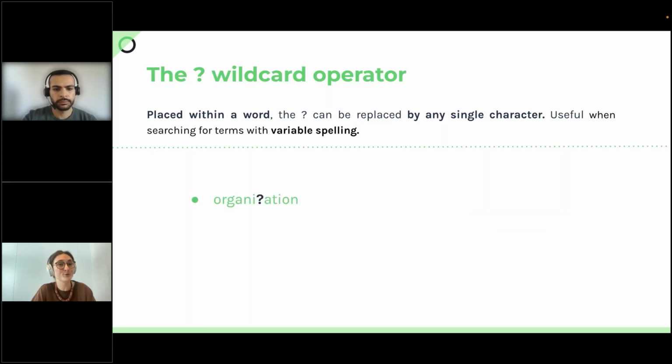Very useful for English, for the differences that you can have between the British and the American English. So for organization, I'm sure to catch both spellings if I use the question mark. I could use it also, for example, if I want woman and women, very useful.